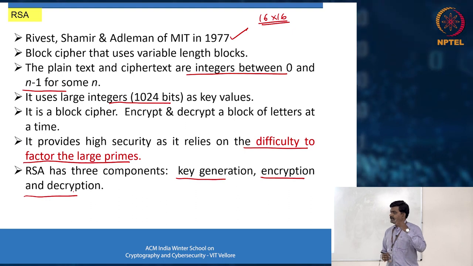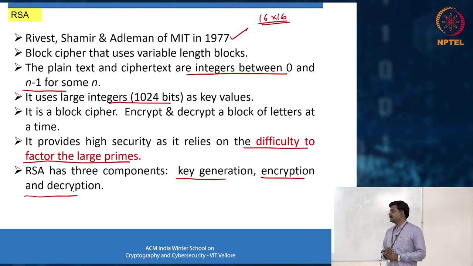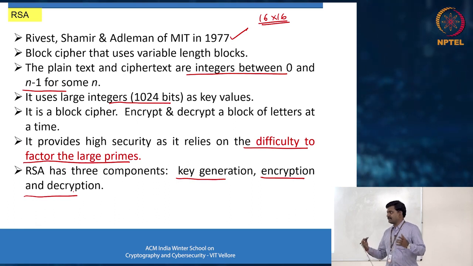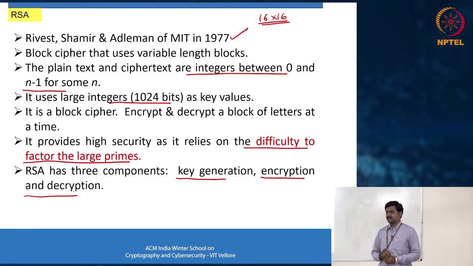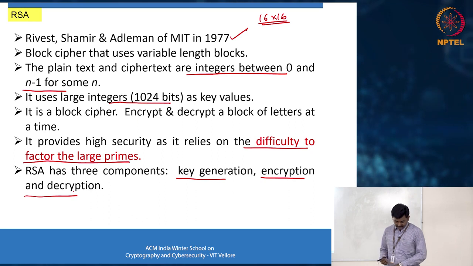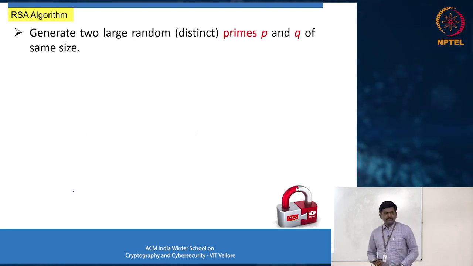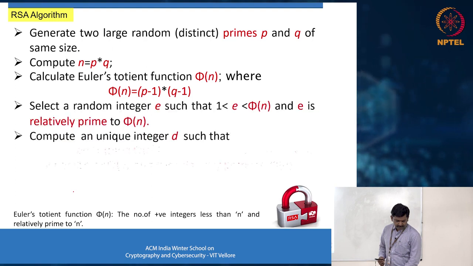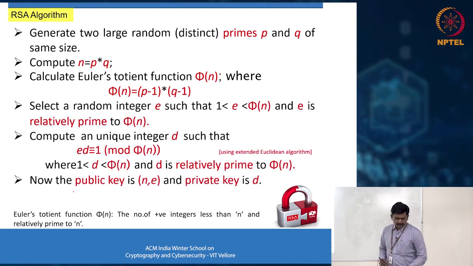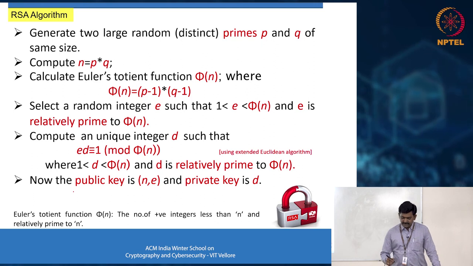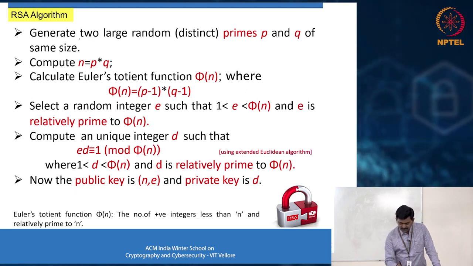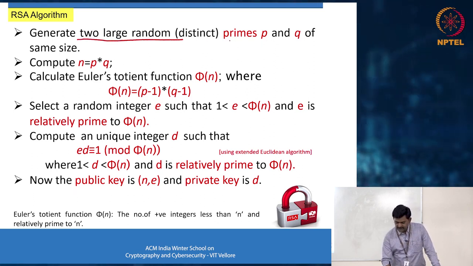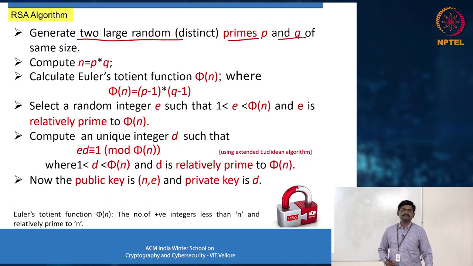If you look at AES and DES, you get the key and then there is a key expansion or key scheduling algorithm, but you don't have key generation. So this is the RSA algorithm. Choose or generate two large distinct prime numbers.